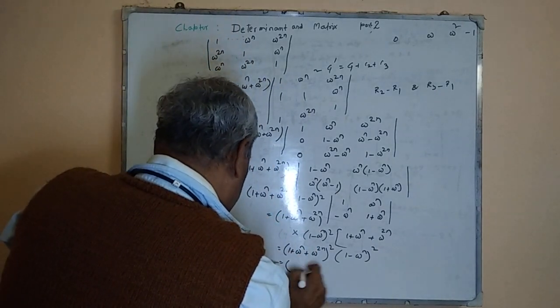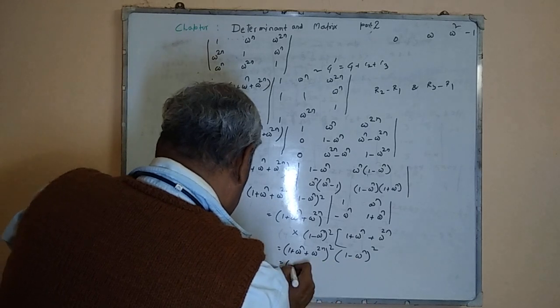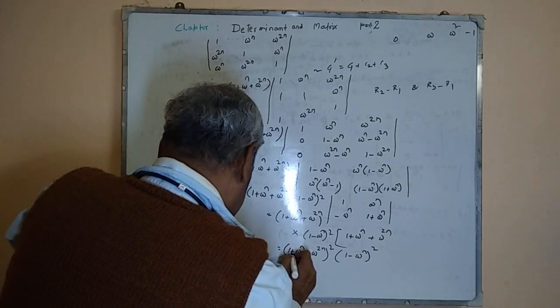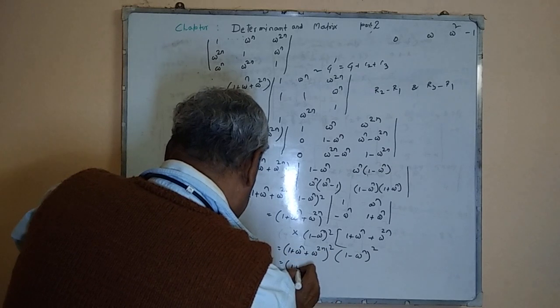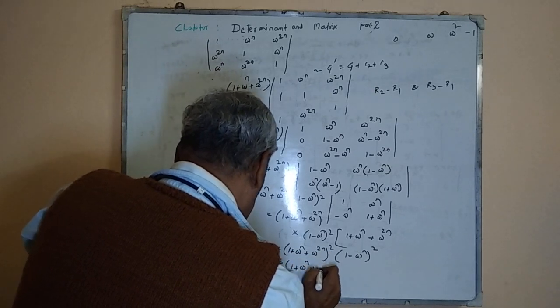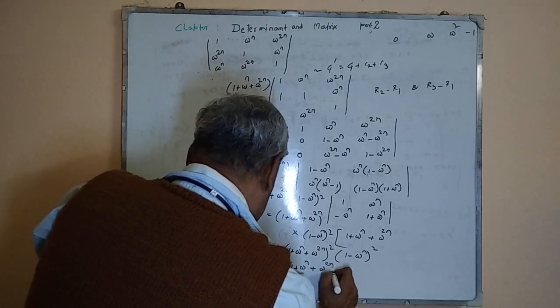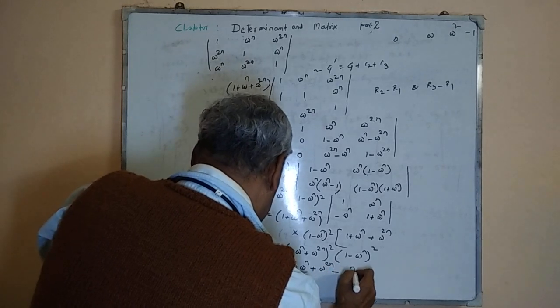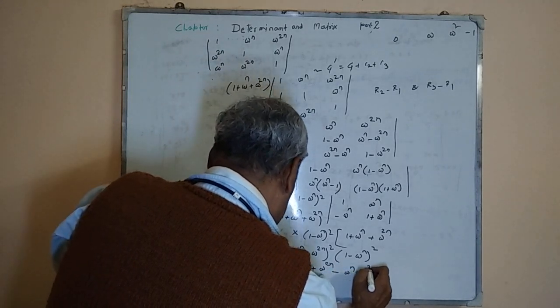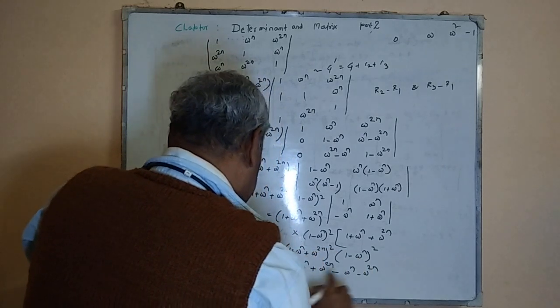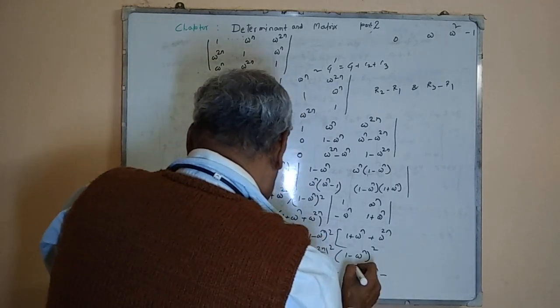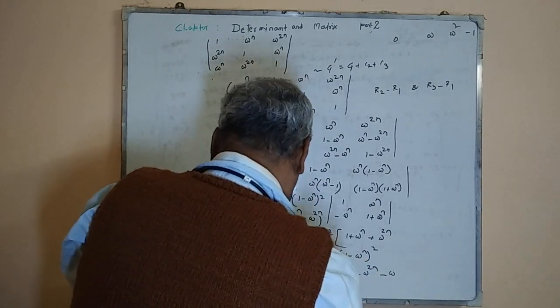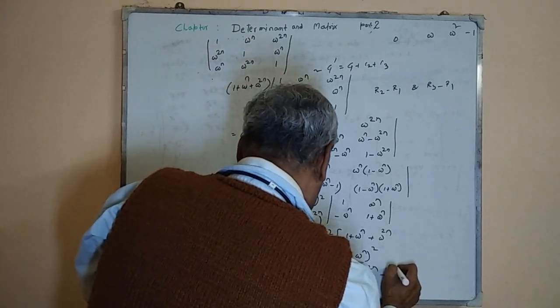So that it is equal to, multiplying this with that, 1 plus omega to the power n plus omega to the power 2n minus omega to the power n minus omega to the power 2n, this into that, minus omega to the power 3n.